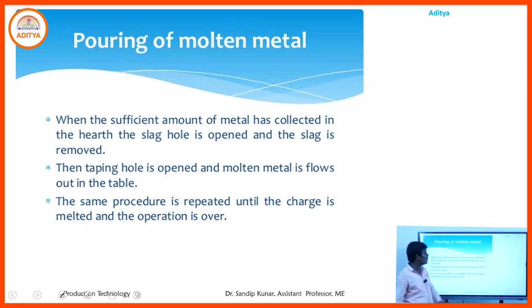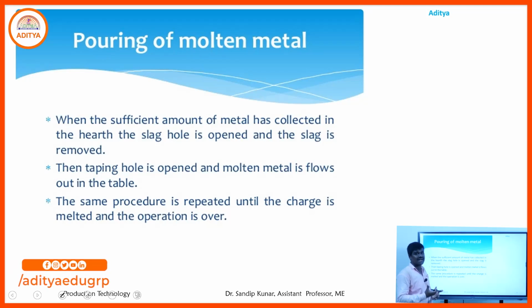After pouring of molten metal, what happens? Sufficient molten metal will be generated and collected at the oil section, meaning the oil part of the cupola furnace. On the upper side of the molten metal, the slag will be accumulated.